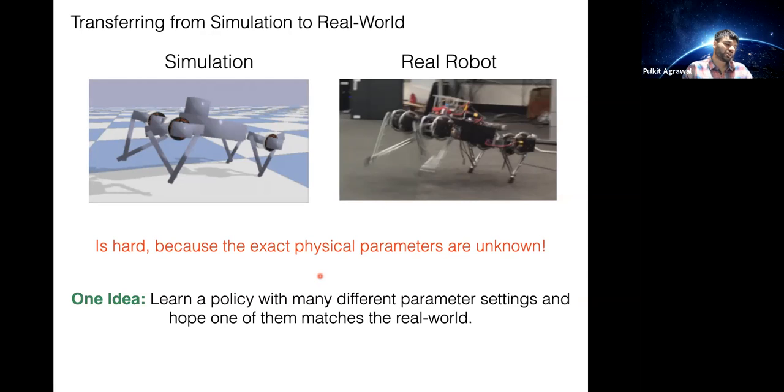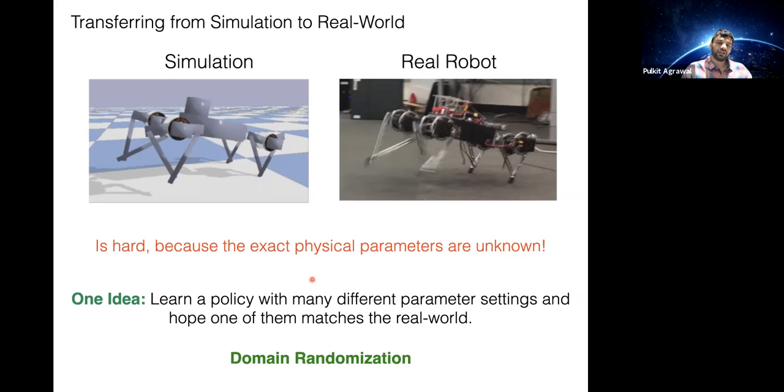For example, I might have a good estimate that the friction coefficient is between 0.1 and 0.5, but I don't know the exact value. So maybe I can train policies with different friction coefficients, maybe one with 0.1, maybe one with 0.5, and then I can deploy one of those policies in the real world.